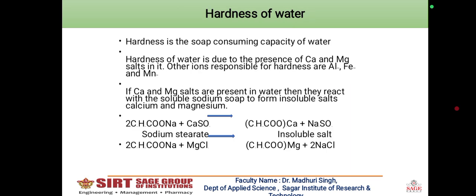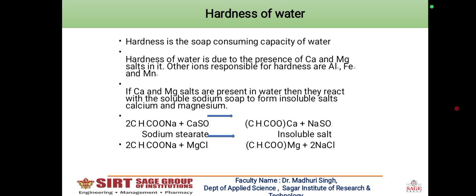Next is hardness of water. Different impurities dissolved in the water produce different hardness of water. So what is hardness of water? The soap consuming power of water is known as hardness of water. It is a characteristic which prevents the lathering of soap.